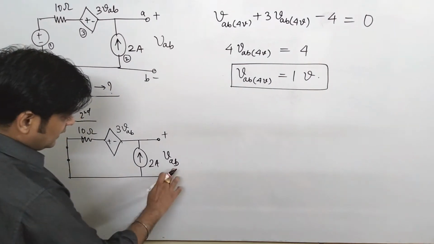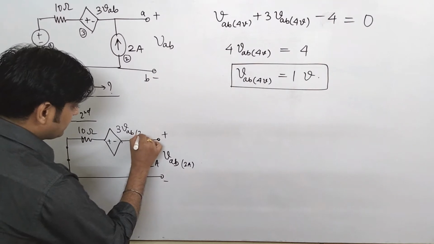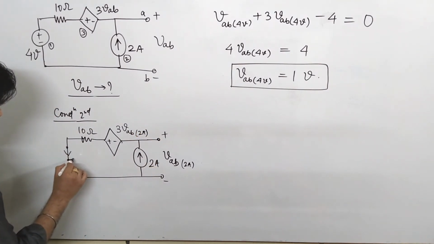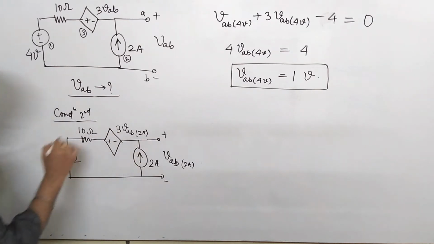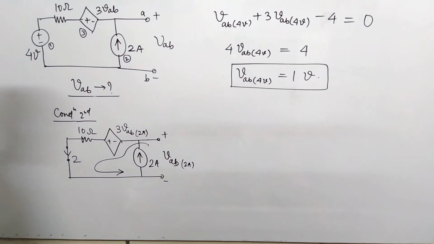Now here you have to find VAB because of the 2 ampere current source, so I write it here as 2 ampere, just to understand the problem. This 2 ampere will flow here in this manner. Can we apply a super mesh? Yes.